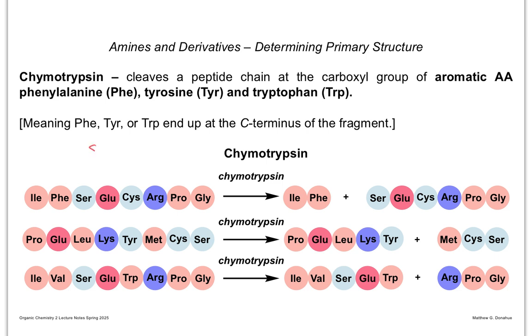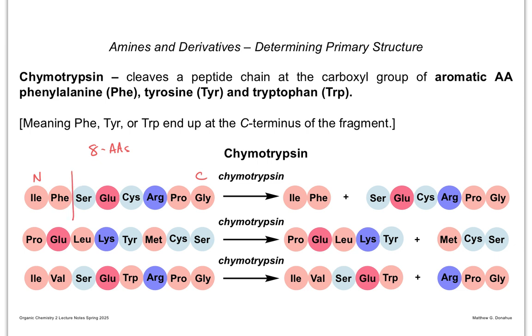All of these have 8 amino acids in their sequence from N to C. So as we're scanning along, we're looking for Phe, Tyr, or Trp. We start in this first example. We get to the second residue, that's phenylalanine. It's going to clip it there.